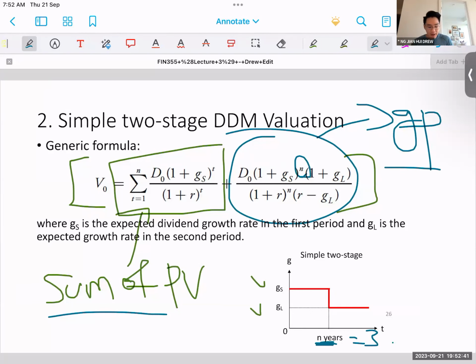And this is a sum, so remember, you need to have 3 components here, because it's a summation of 3 cash flows, sum of PVs. You can use the generic formula, but I highly encourage you to understand it and use what we have done in the earlier slide.